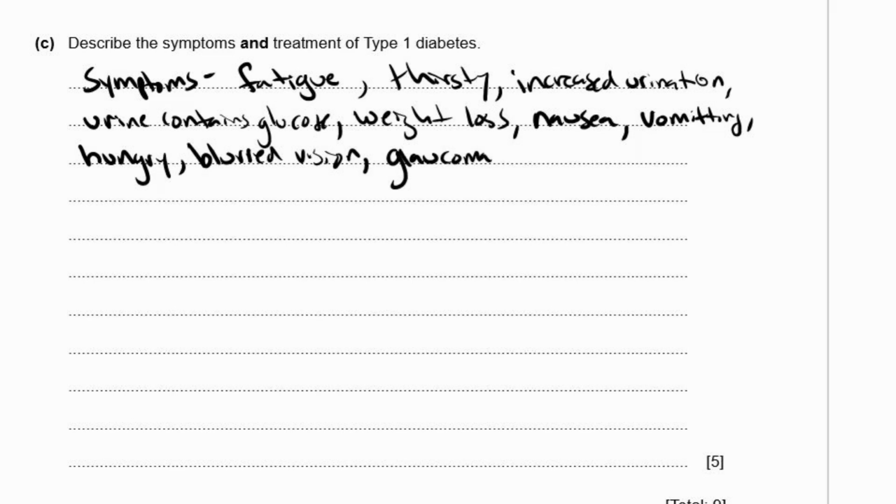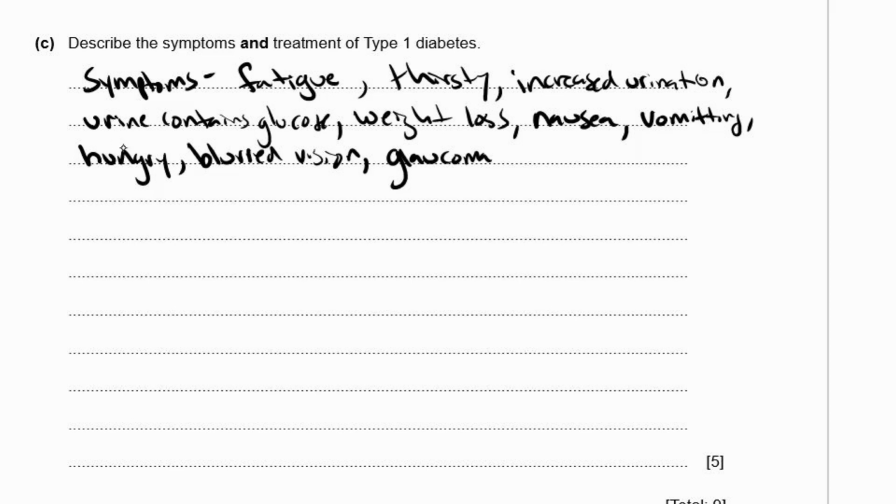Okay, I'm going to stop writing them down. You get a maximum of 3 marks from this section, so I'll just say some more. You could have behavioral changes, so that people might become confused. They may become faint. They can become unconscious or go into a coma. They can become very dizzy. They can have rapid breathing. Their wounds will heal slowly, and they can have poor circulation.